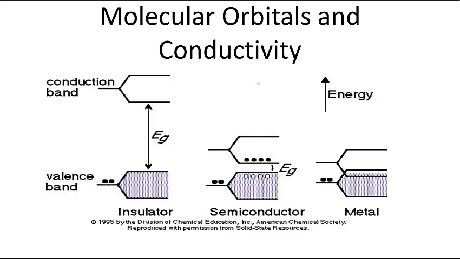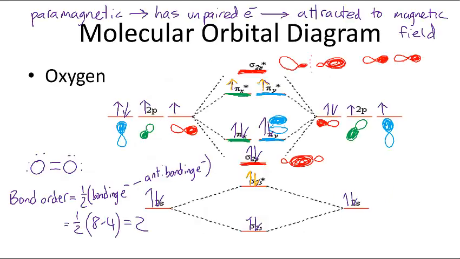All right. When you make a big solid, like a metallic solid or a network solid, what you're doing is creating lots of new bonding orbitals and lots of new antibonding orbitals. Okay? So if you consider a solid that's got lots and lots of covalent bonds, you're creating lots of molecular orbitals.